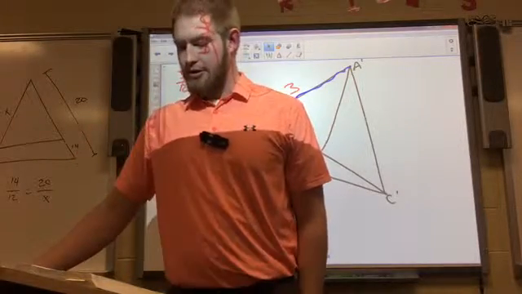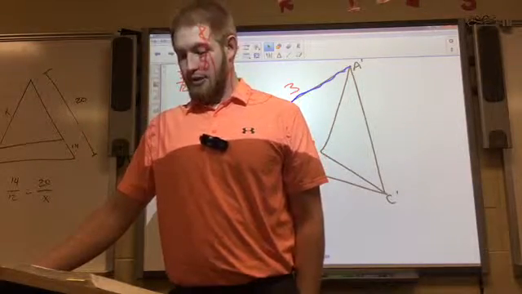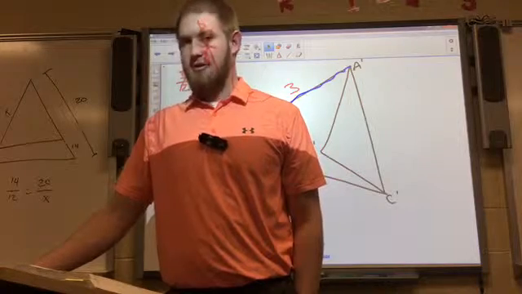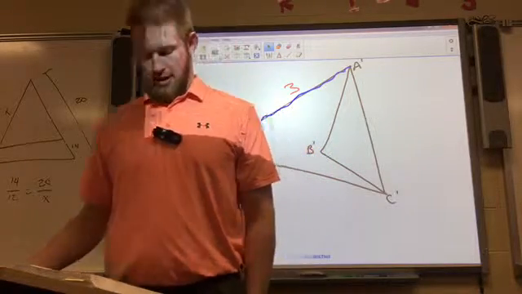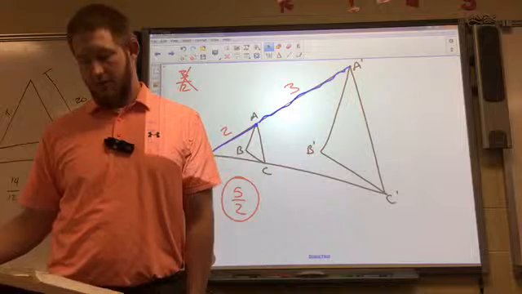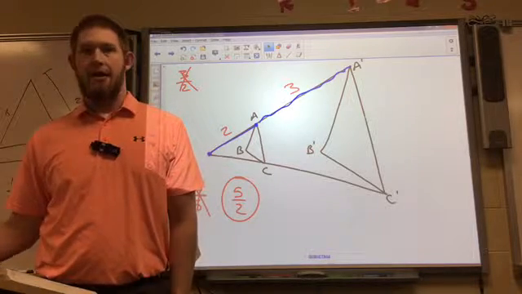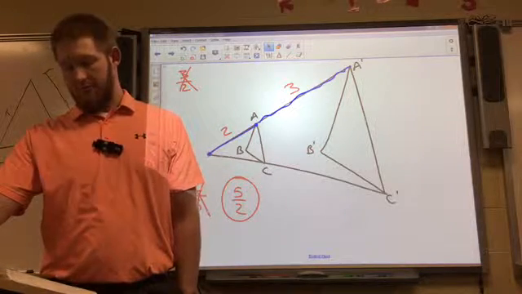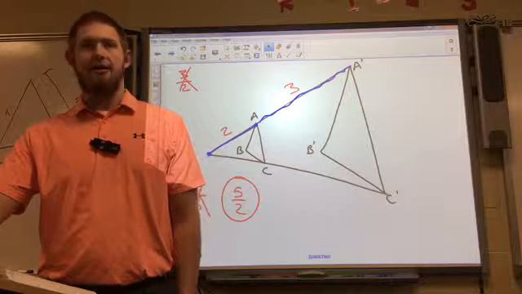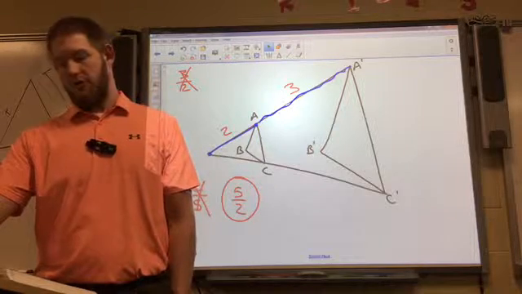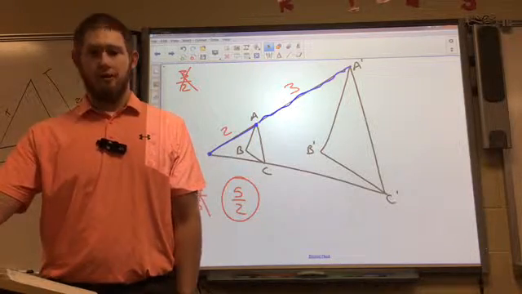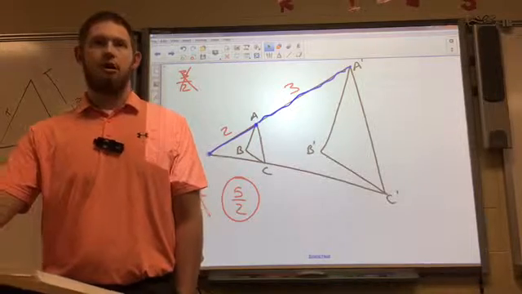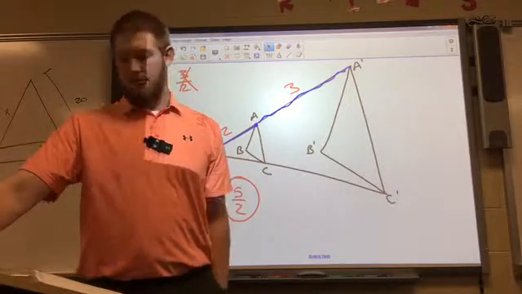Example 1 says, identify the dilation and find its scale factor. Okay, part A. Gavin, part A, is that a reduction or an enlargement? It's a reduction because the P prime is smaller, right? Okay.